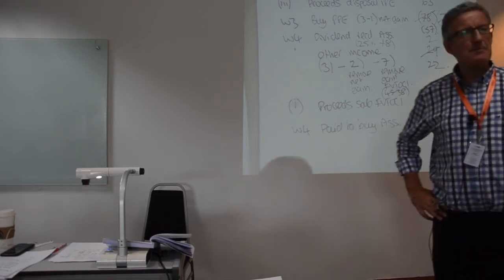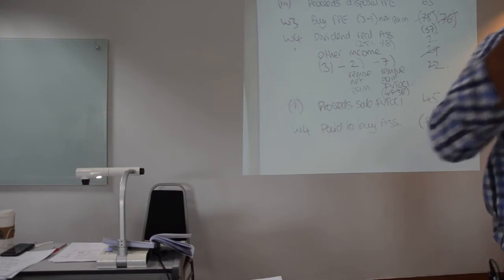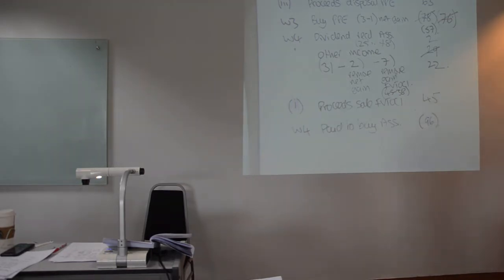Maybe you would not have picked up everything else, but you'd have a little stab at the tax and a little stab at the associate. The fair value through OCI had some easy marks still to be got, but the technique is the important thing. That you know the format well, that you go through the question and pick the information out as you're comfortable with it.